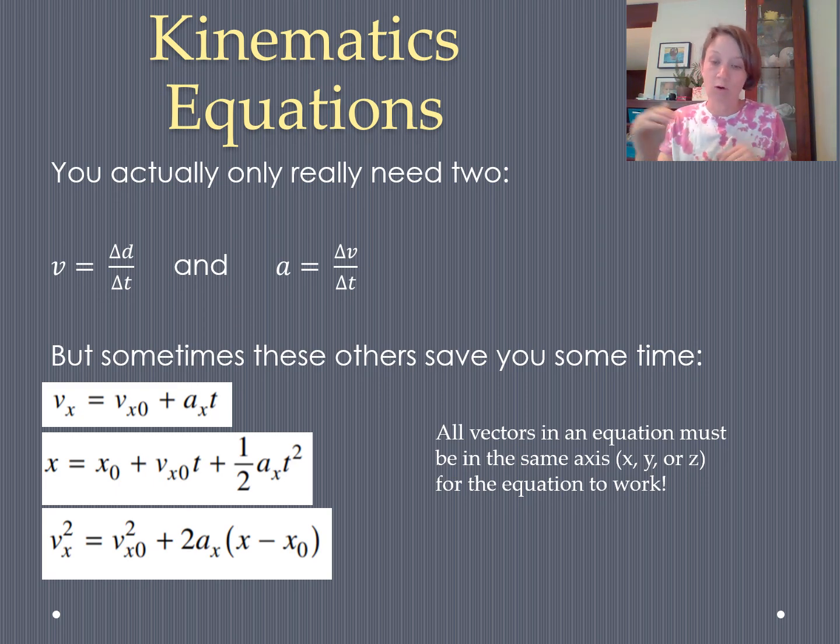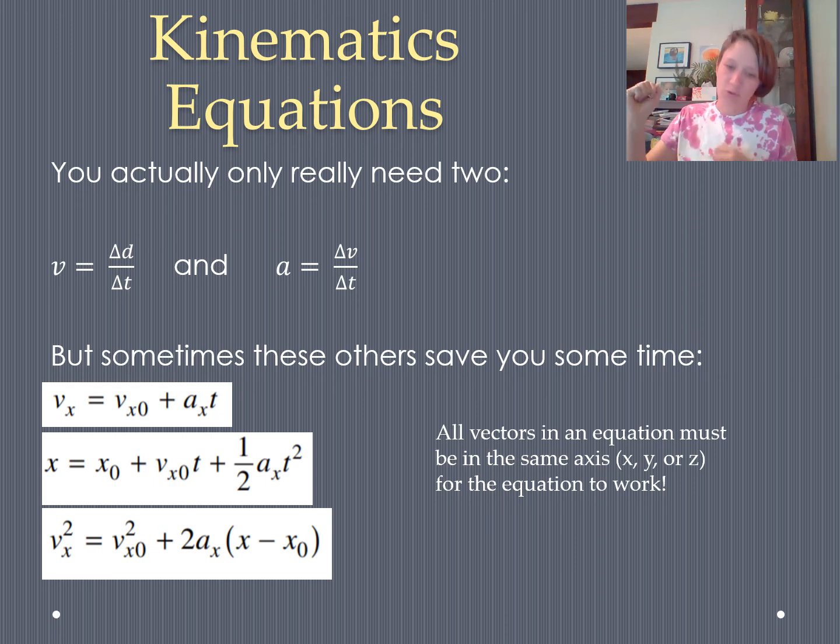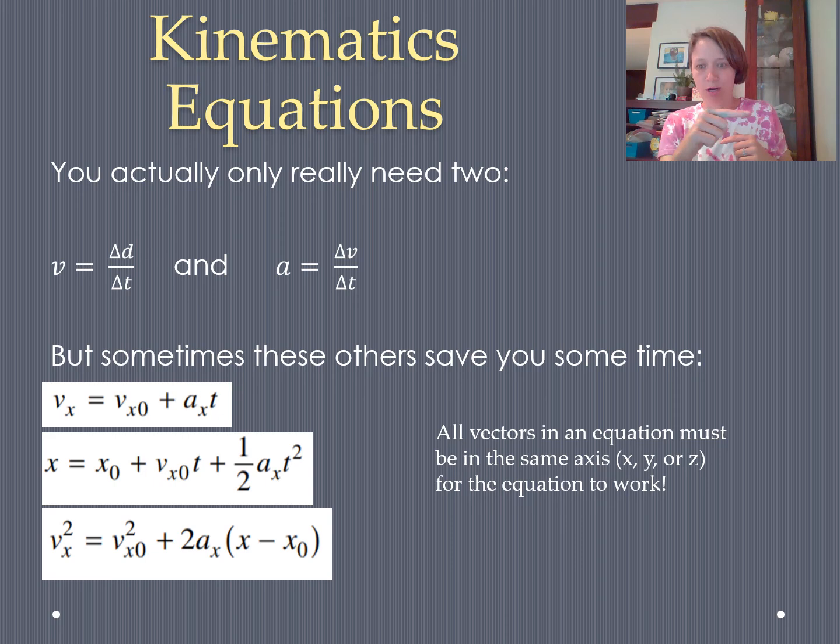Your equations won't work. Velocity in this direction is only affected by acceleration in this direction, and will only tell you displacement in this direction. If you try to accelerate an object sideways, it doesn't have any bearing on how far it moves up and down. So whatever axis you're in, it doesn't always have to be x, all of the variables that you use in that equation need to be from the same axis.